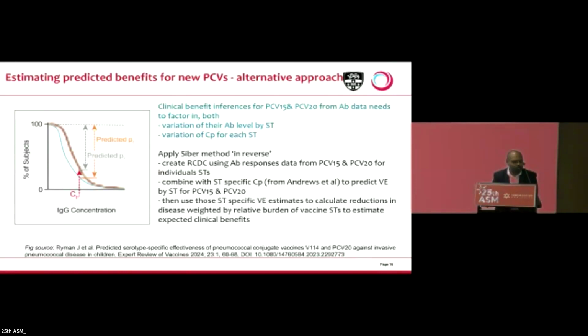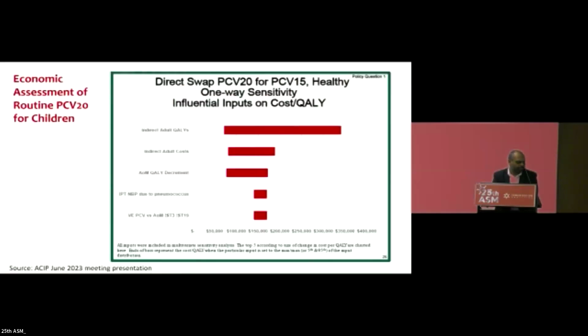Then use those serotype-specific vaccine effectiveness estimates to calculate reductions in disease weighted by relative burden of vaccine serotypes to estimate expected clinical benefits for these new PCVs.